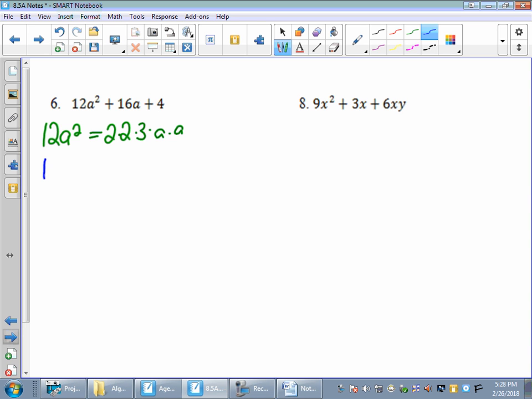I also know that 16a will give me a 2 times 2 times 2 times 2 times a. And finally, if I look at 4, I have 4 is 2 times 2.